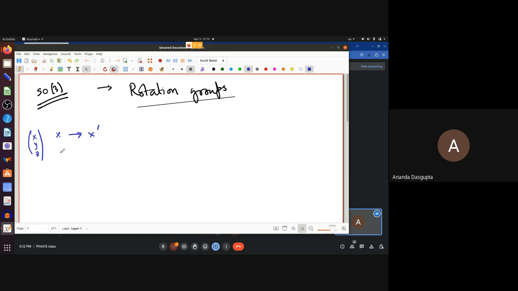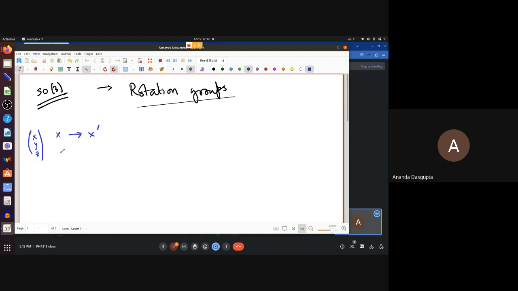Under rotation of coordinates, and here we have to be clear about whether we mean active or passive rotation. Here we are talking about rotation of coordinates, which is passive. The system stays the same, the coordinate system rotates. You of course also have an equivalent active version where the coordinate system stays the same, the system rotates by the opposite angle.